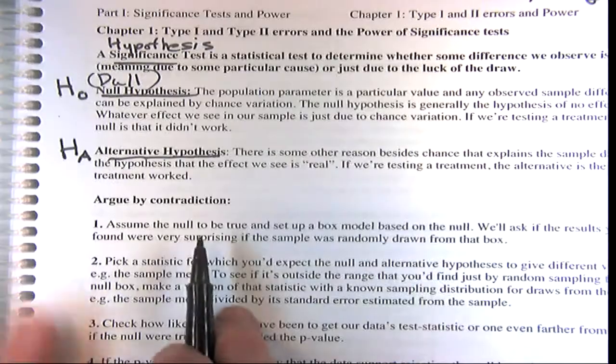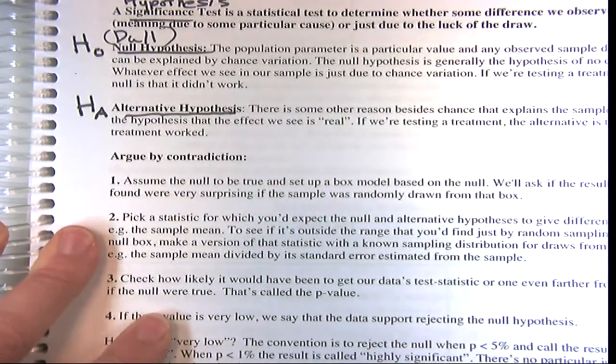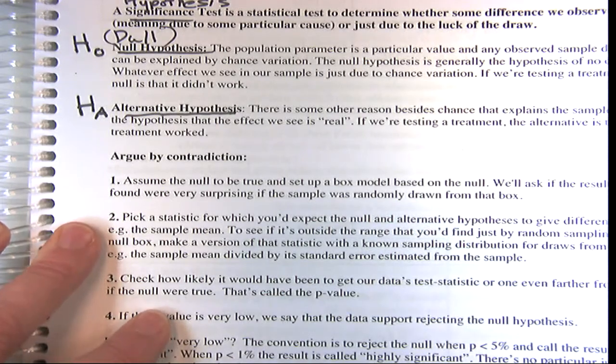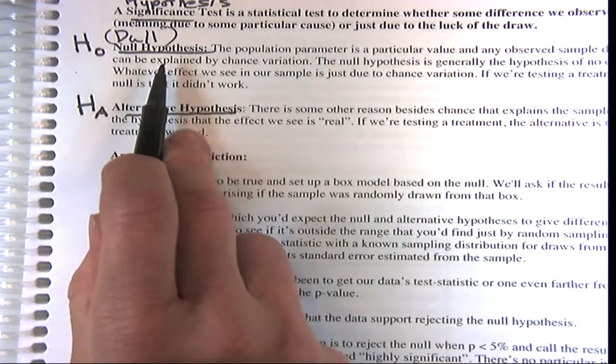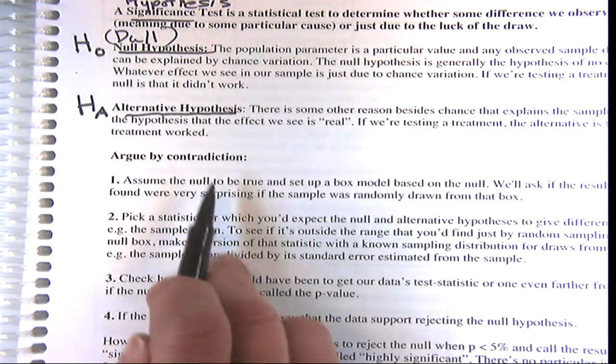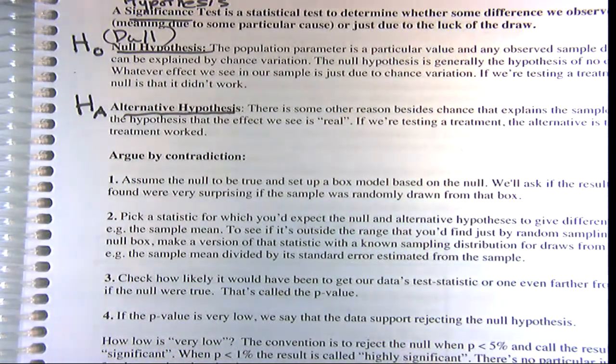So now the whole argument is an argument by contradiction, and it's confusing to people because of all the double negatives, all right? So what do we do? We assume this null, that there is no difference between the two groups in the population, this idealized population. Like if we did this again the next semester, there's no difference.